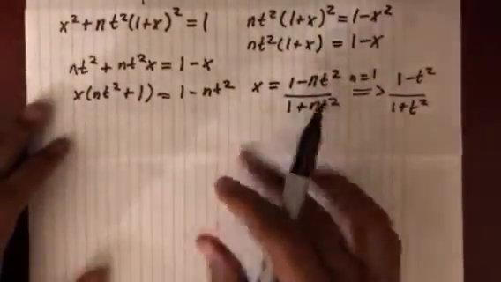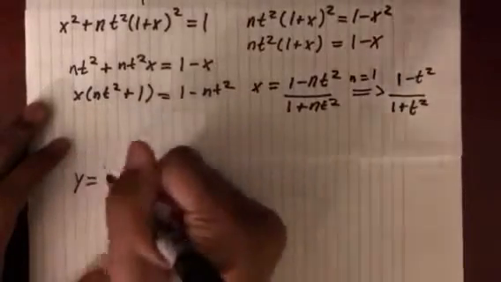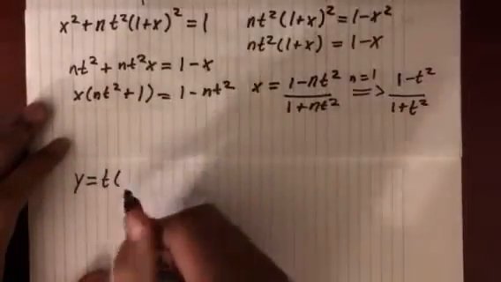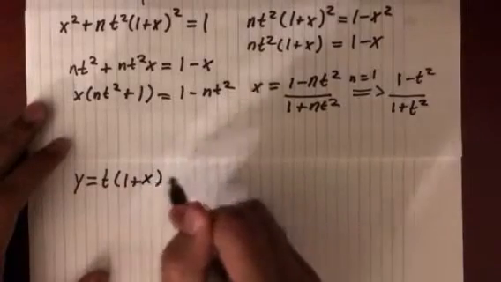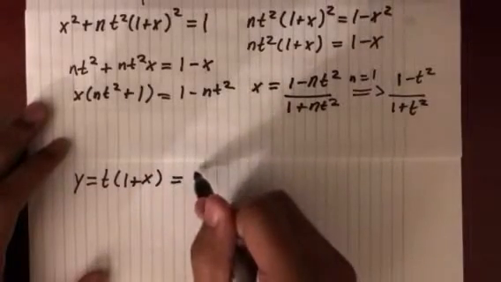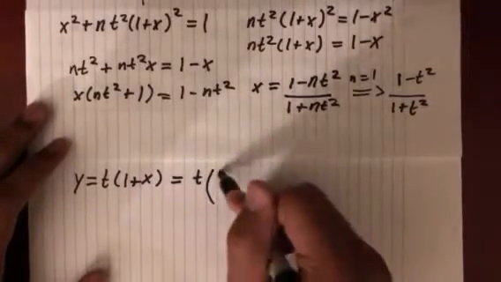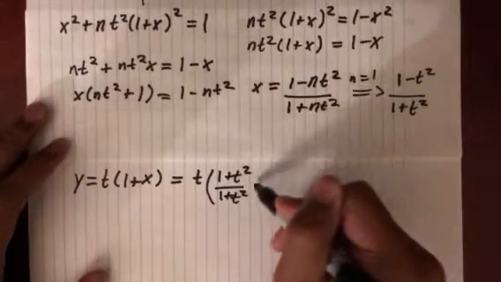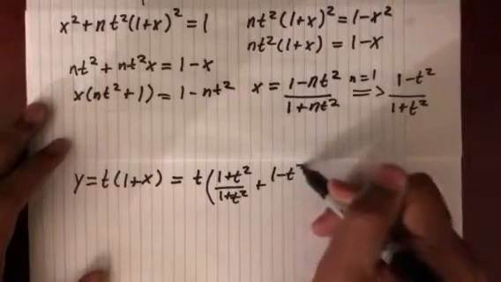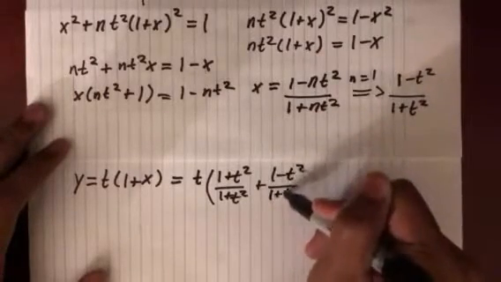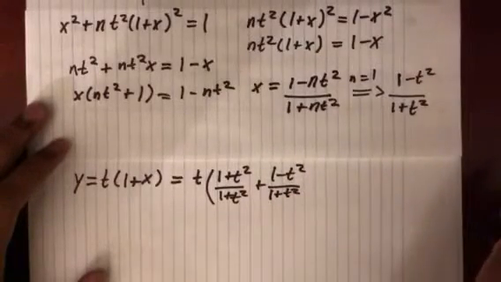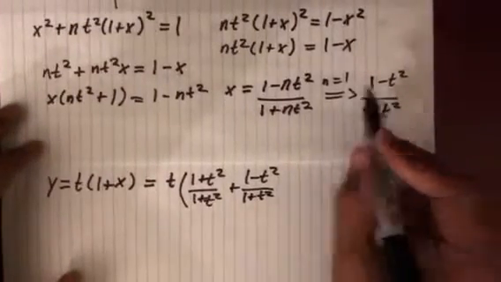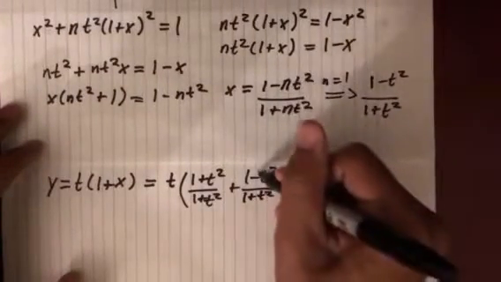So if we solve for y, we have y as t times (1 plus x), which is t times (1 plus t squared over 1 plus t squared, that's our 1, plus 1 minus t squared). Alright, I'm using n equals 1. We don't want to forget our n.